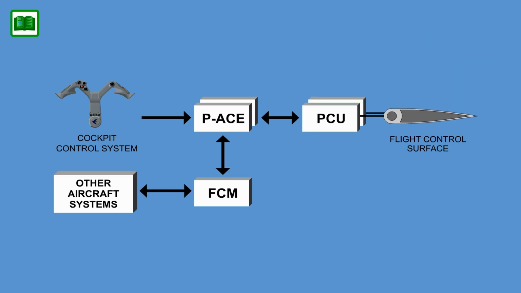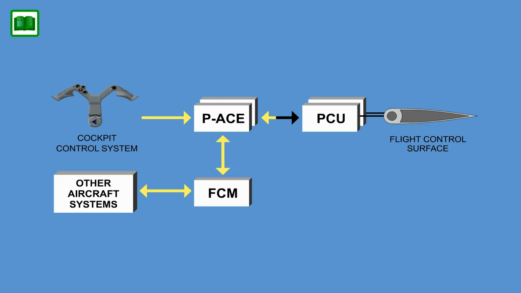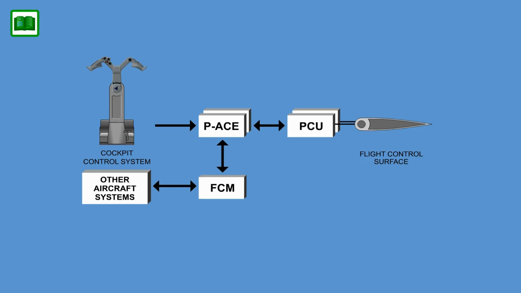Primary actuator control electronics, primary ACE, and/or flight control modules, FCM, are employed to operate the respective electrohydraulic or electromechanical actuators. The primary flight control electronics are generally comprised of two complementary parts: the primary ACE and the FCM.